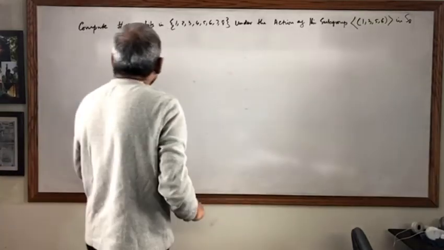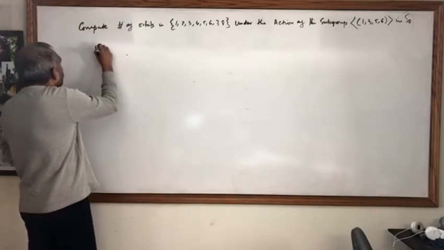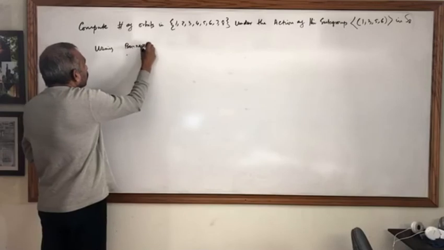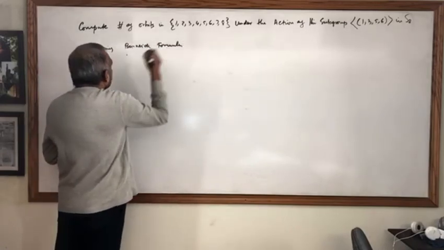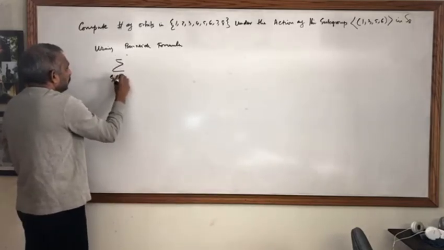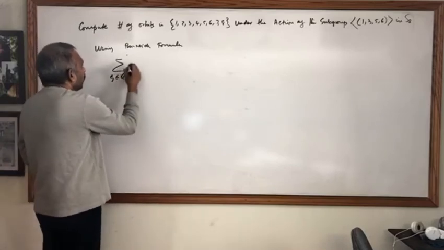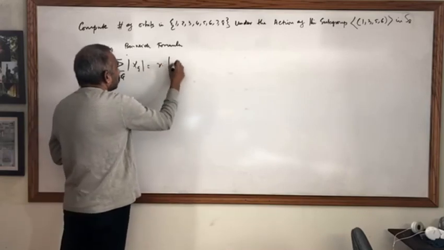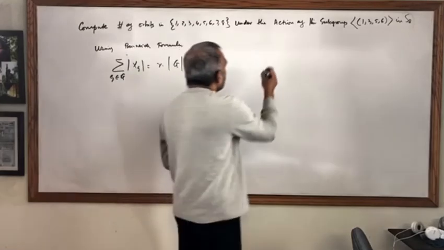So we need to find the number of orbits. Using the Burnside formula, sigma over g in G of |Xg| is equal to r times |G|. Now what is G here?